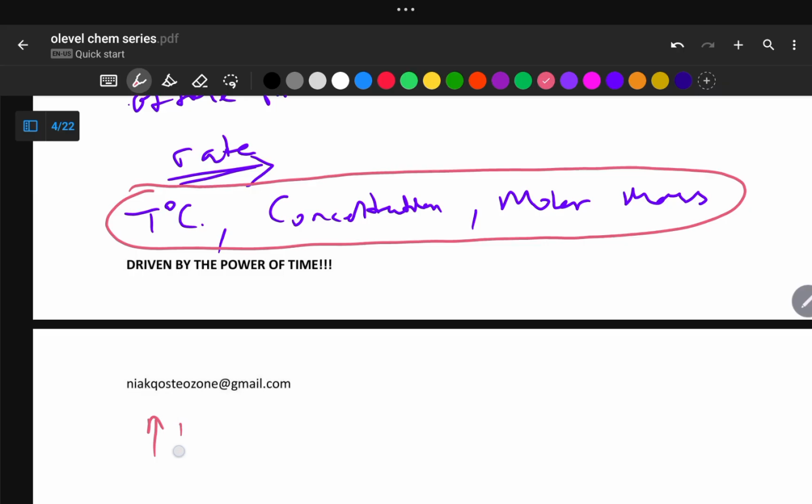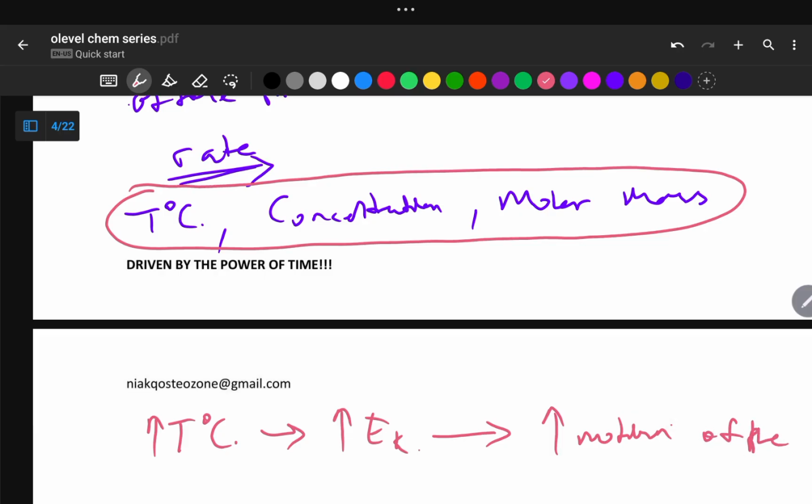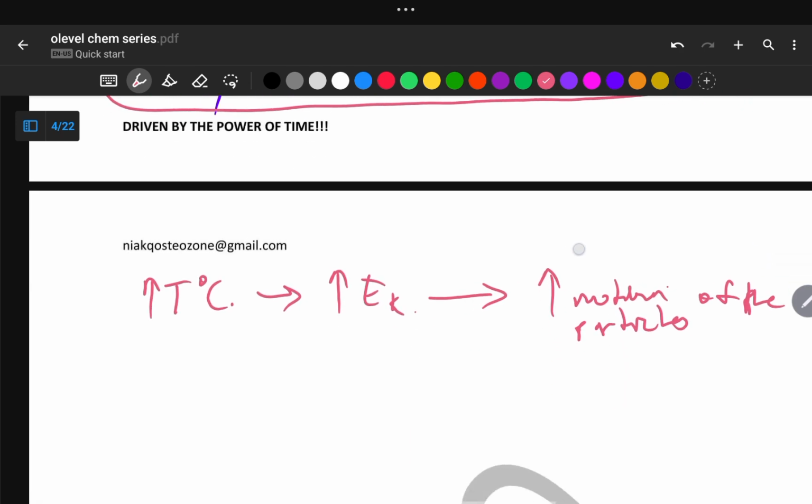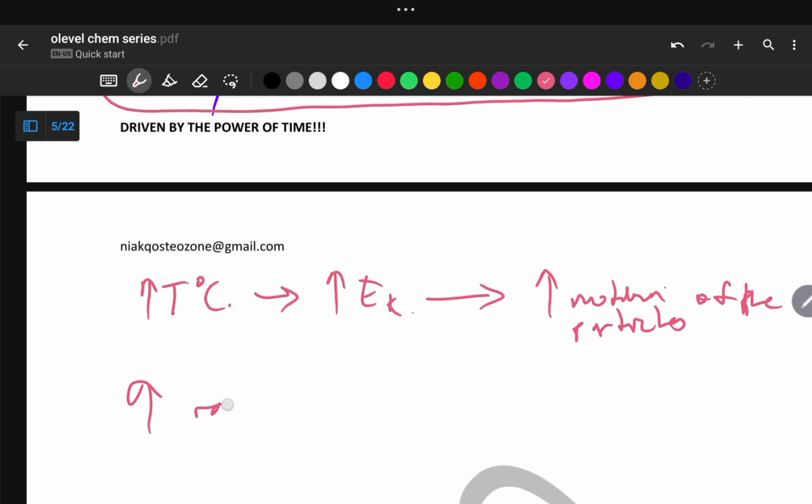If you have a lower temperature, it is the opposite: a decrease in temperature results in decreased kinetic energy, decreased motion of the particles, and a decrease in the rate of diffusion.